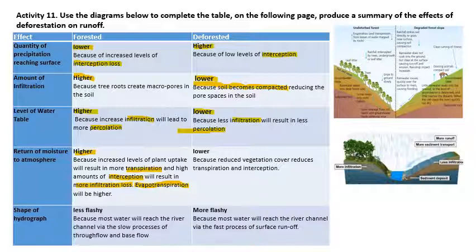Obviously, that's then the opposite for the deforested area, because if you've got less vegetation cover, you're going to have less transpiration and less interception.